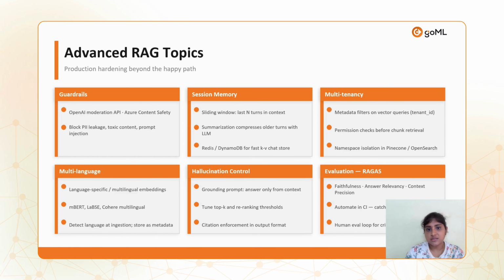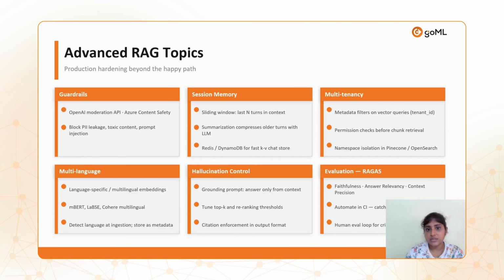Coming to multi-tenancy RAG systems, this is where the users can query only from the documents they have access to. And this can be implemented at the metadata filter level. So every chunk has some metadata associated with it, like tenant ID.